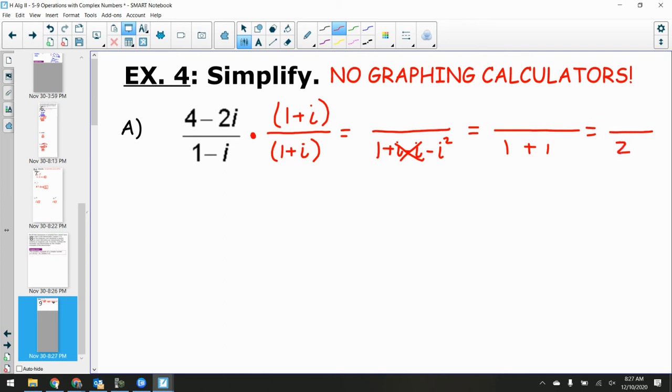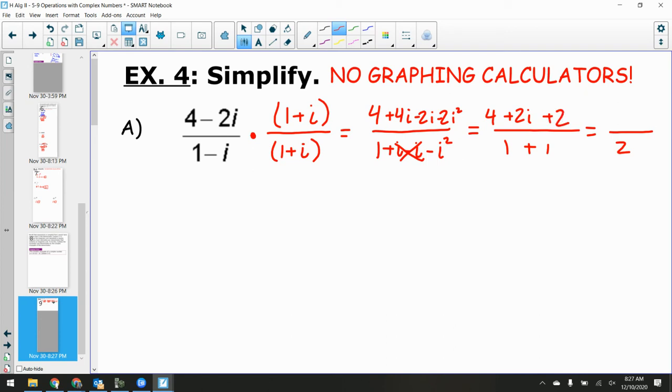Now I've got to FOIL the numerator, obviously. But I'm just showing you that's why you would multiply by the conjugate. So FOIL the top first, outer, inner, last. The middle becomes 4 plus 2i, and then the last becomes plus 2.